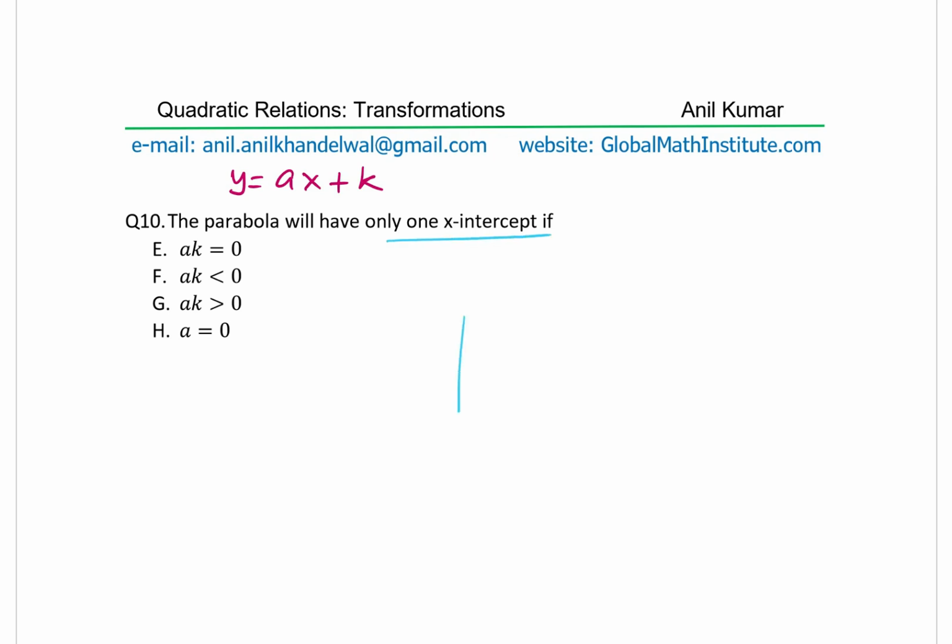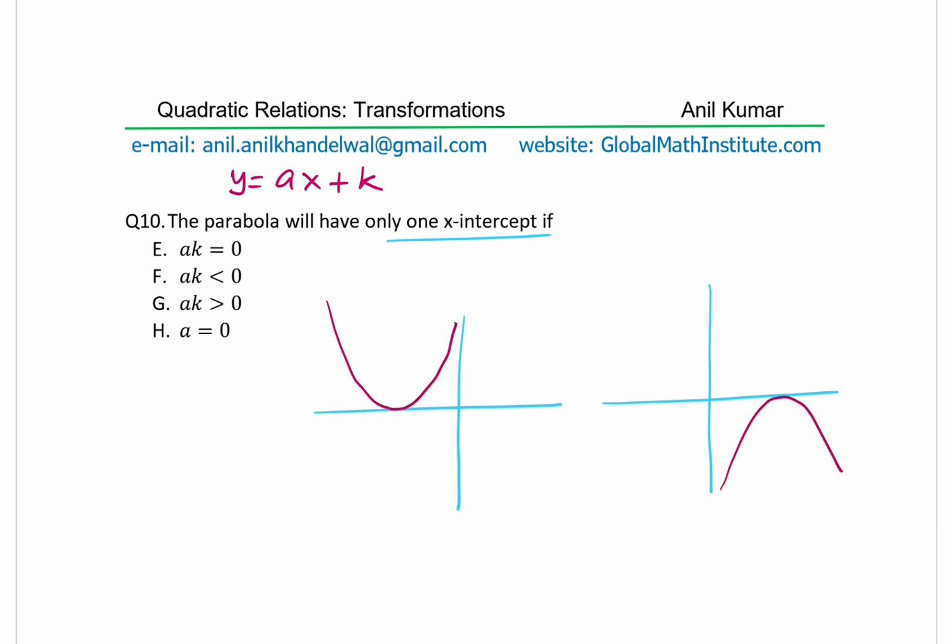One x-intercept means that the vertex is on the x-axis. It could be either one of these. This is only possible when k equals 0, right?